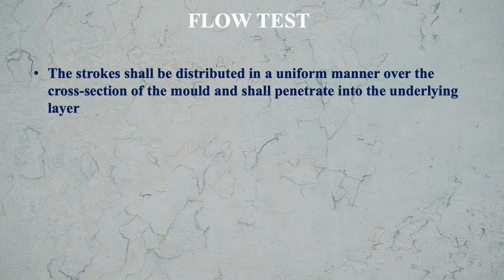Now the strokes shall be distributed in a uniform manner over the entire cross section of the mold and shall penetrate into the underlying layer. It means when we are giving these strokes, they have to be given uniformly throughout the cross section of the mold, in such a way that the tamping rod penetrates into the underlying layer, the layer below the top layer.